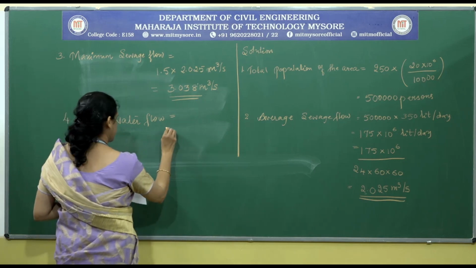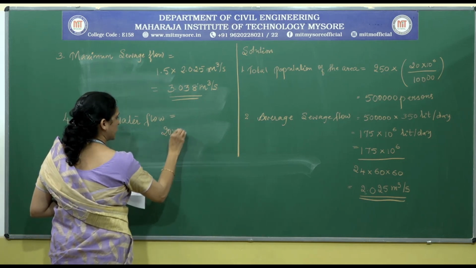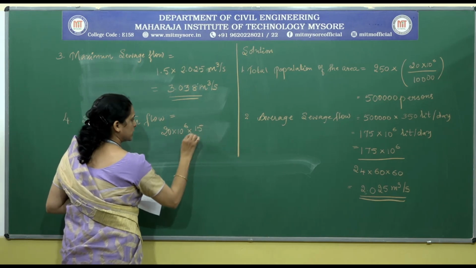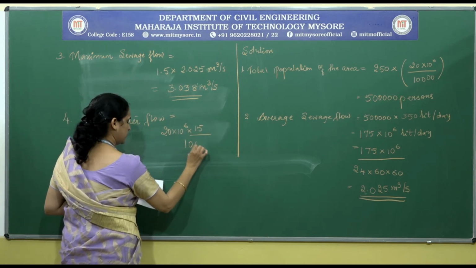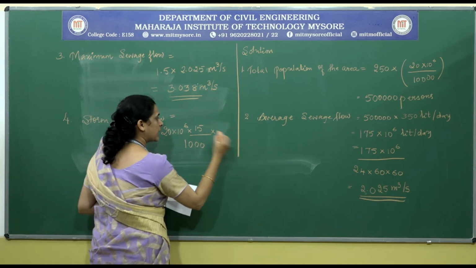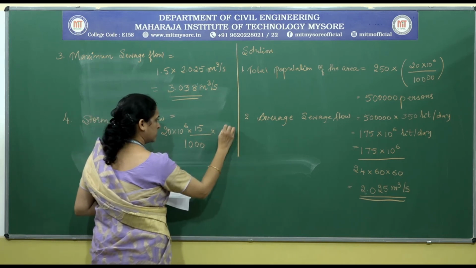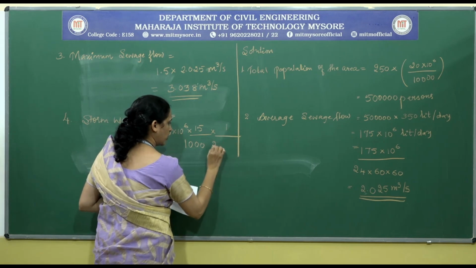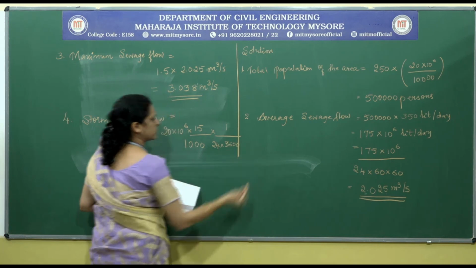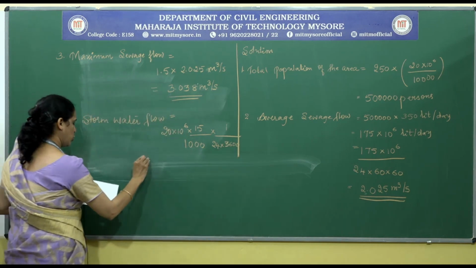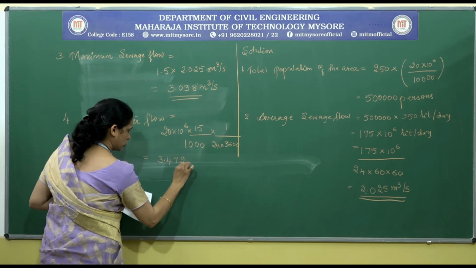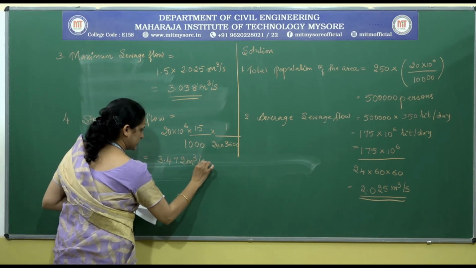Since the area to be served is 20 square kilometer, rainfall is 15 millimeter per hour, therefore it is 1 by 24 into 60 into 60. So now we get around 3.472 meter cube per second.